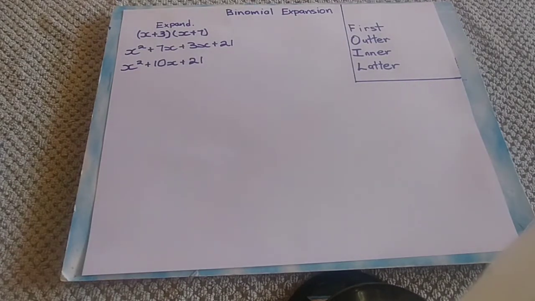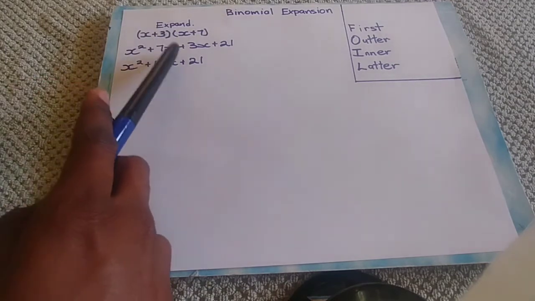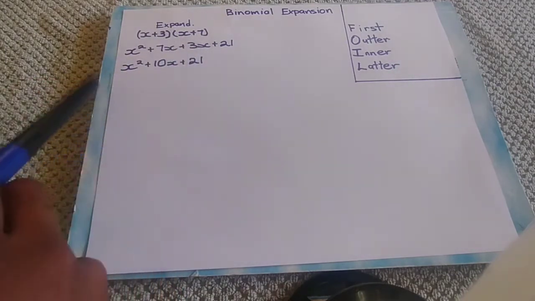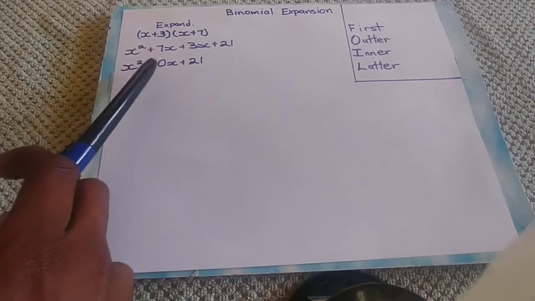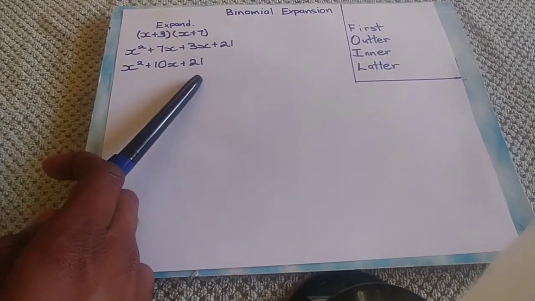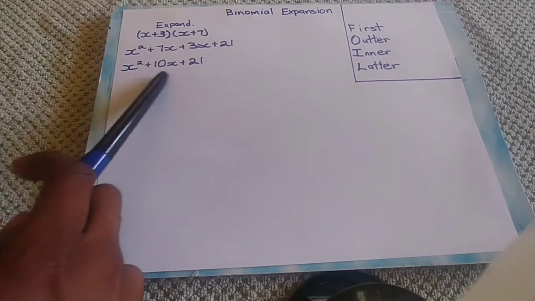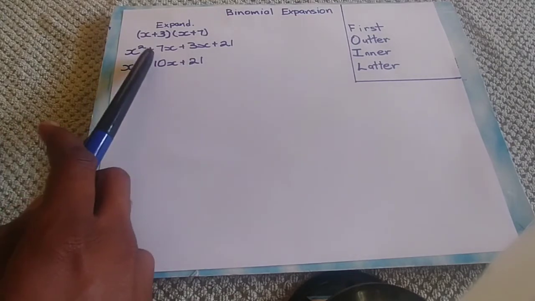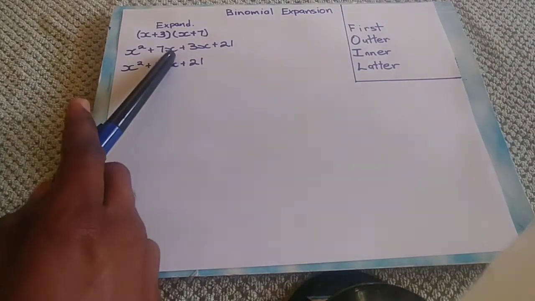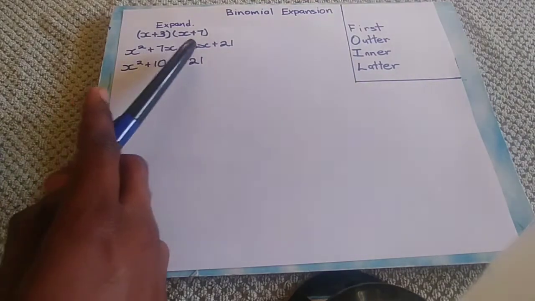And finally, after some simplification, you can add the 7x and the 3x together. So we get x squared plus 10x plus 21. We don't add the other terms because they are unlike terms. The only like terms we had were the 7x and the 3x because both of them included an x.